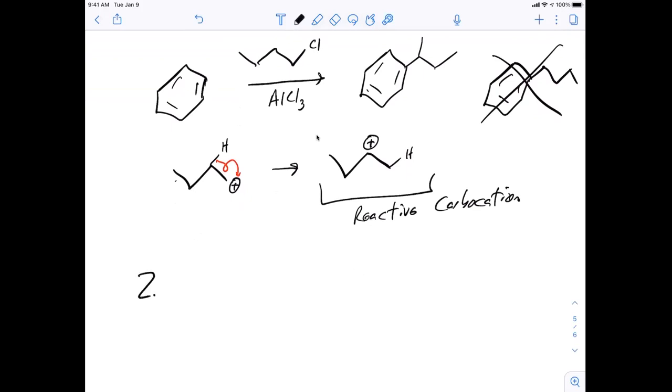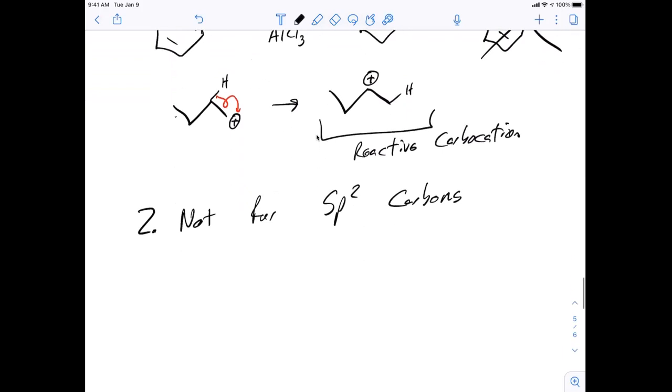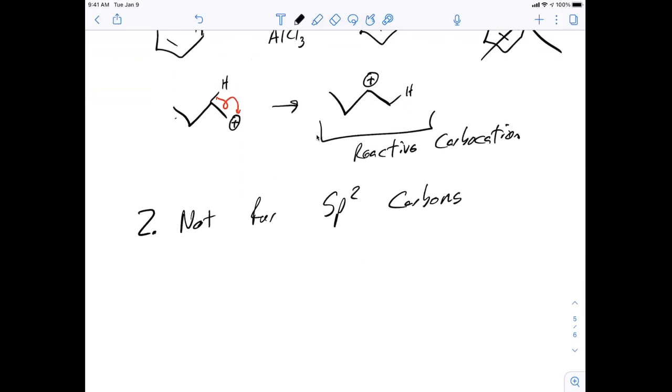The second issue with this, and it's not really an issue, it's just something you must be aware of, is that this doesn't work with sp2 carbons. The reason for this is that an sp2 carbocation is not stable.